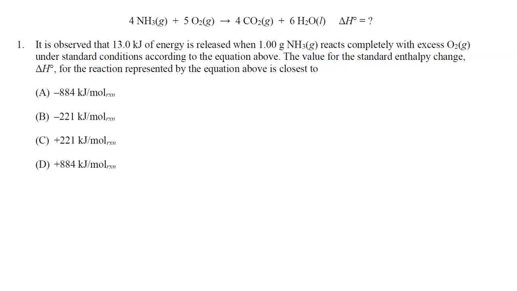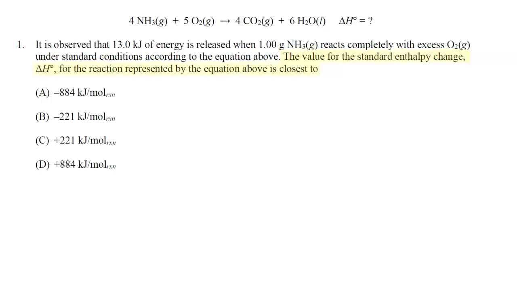In question 1, we are given a balanced chemical equation in which ammonia, or NH3, reacts with oxygen to produce carbon dioxide and water. And it says, it is observed that 13.0 kilojoules of energy is released when 1.00 grams of ammonia reacts completely with excess oxygen under standard conditions, according to the equation above.